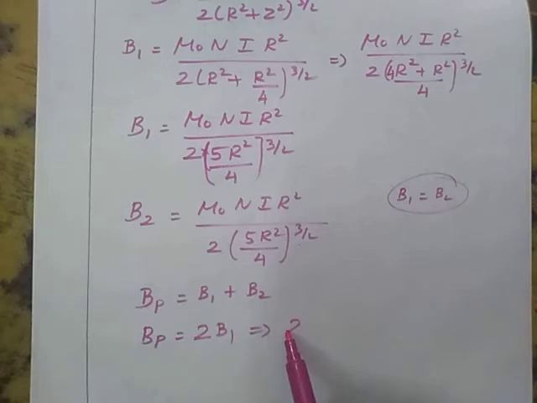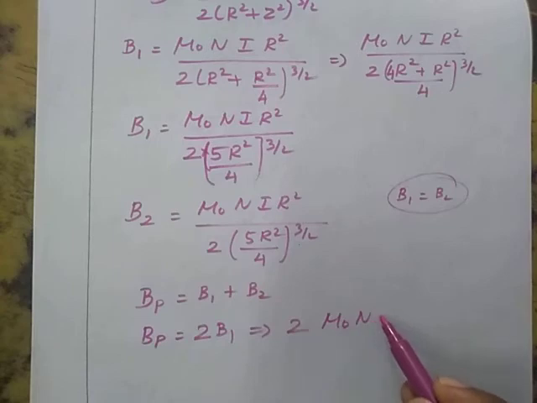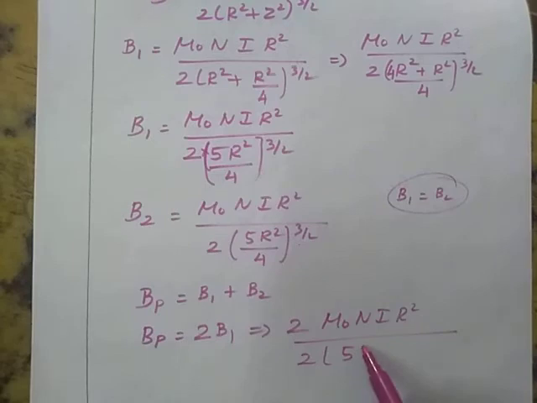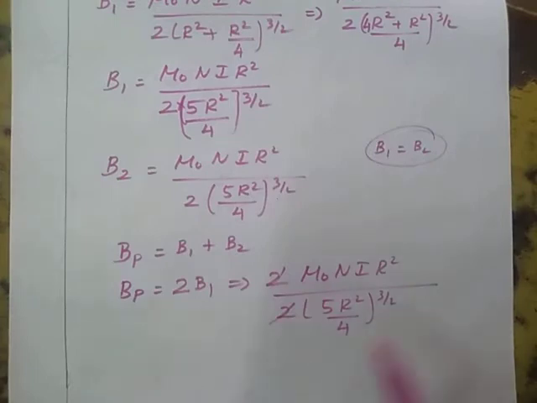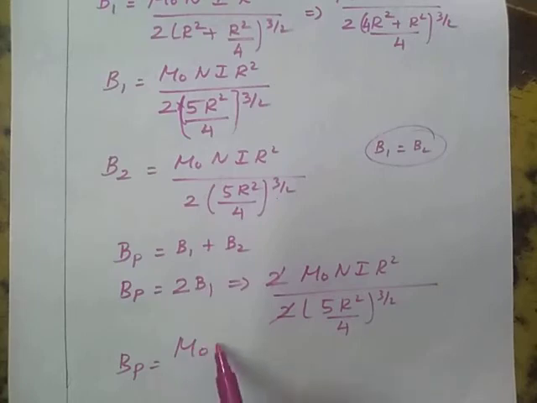Then expanding this, B1 becomes mu naught N I r square by 2 into (5 r square by 4) power 3 by 2. The 2 is going to cancel, then Bp is equal to mu naught N I r square by, then solving this, (5 by 4) power 3 by 2, it becomes r cube.